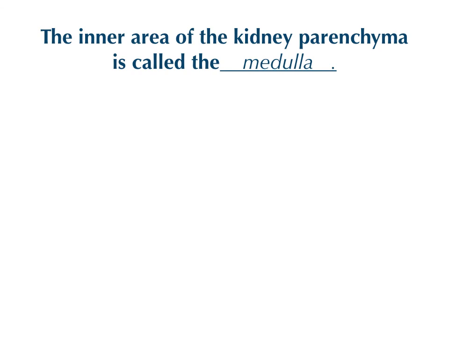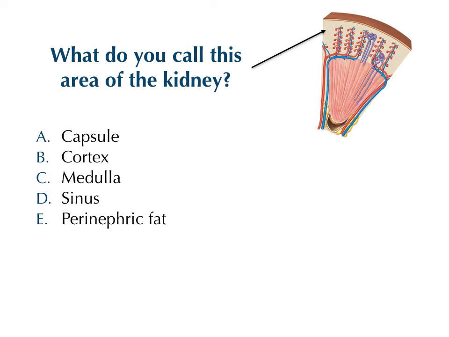The kidney parenchyma is the cortex and the medulla, and the inner part is the medulla. What is the arrow pointing to on this kidney lobe? Is it the capsule, the cortex, the medulla, the sinus, or the perinephric fat? And the arrow is pointing to the cortex of the kidney.